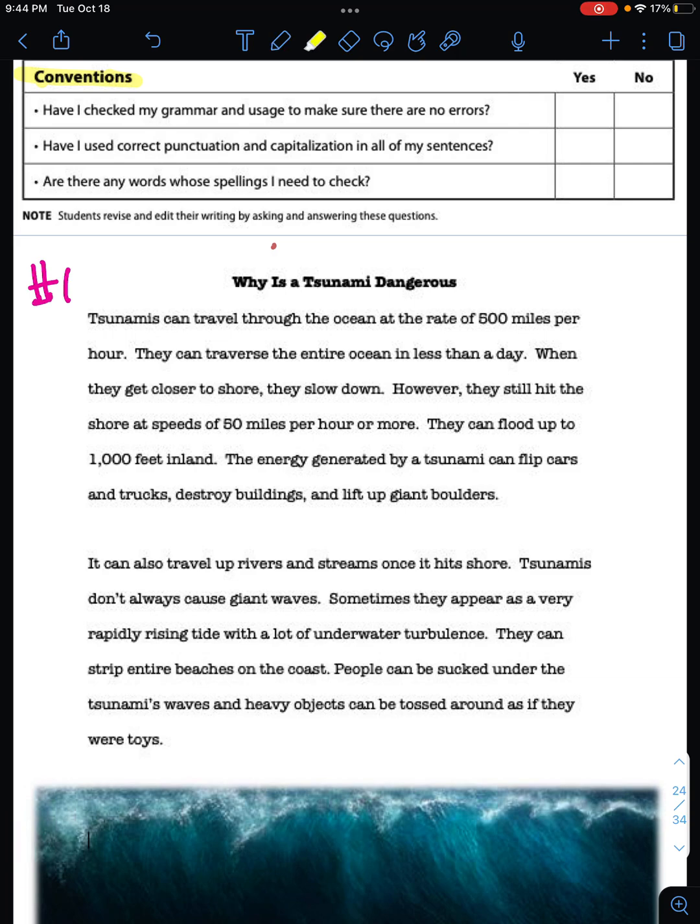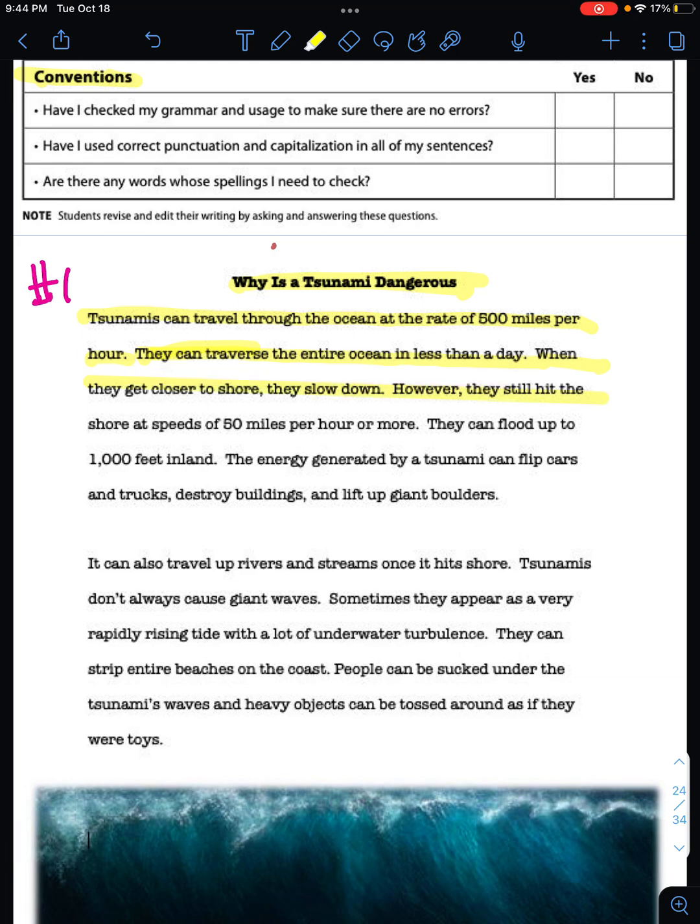Okay, so this one says, why is a tsunami dangerous? Tsunamis can travel through the ocean at the rate of 500 miles per hour. They can traverse the entire ocean in less than a day. When they get closer to shore, they slow down.